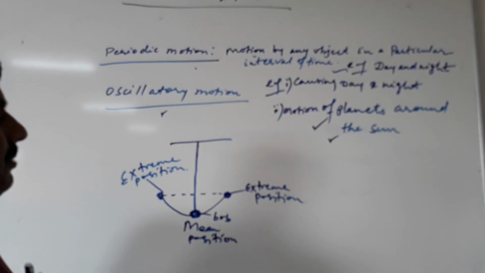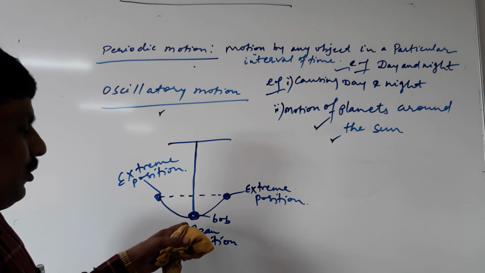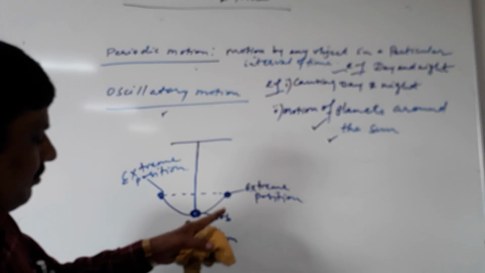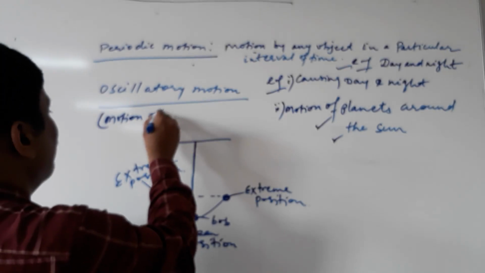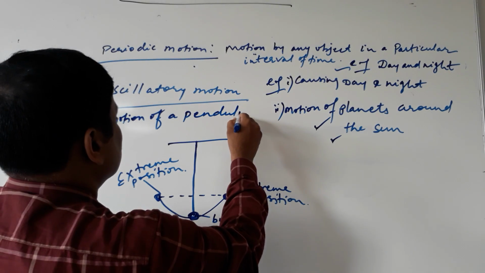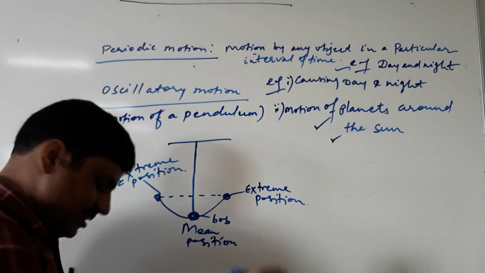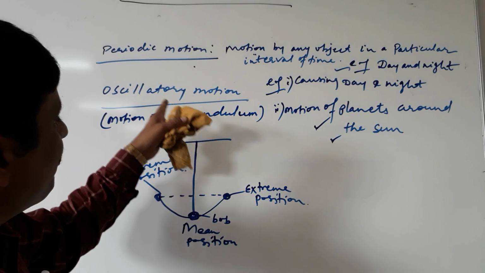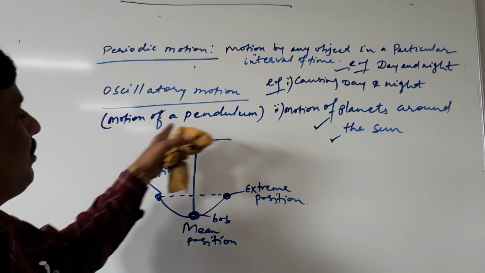What we are observing here is a pendulum. We are seeing the motion of a pendulum. Oscillatory motion is shown by the motion of a pendulum. If anyone asks you to give one example of oscillatory motion, your answer will be the motion of a pendulum.